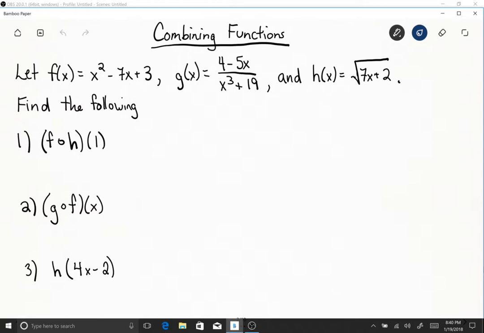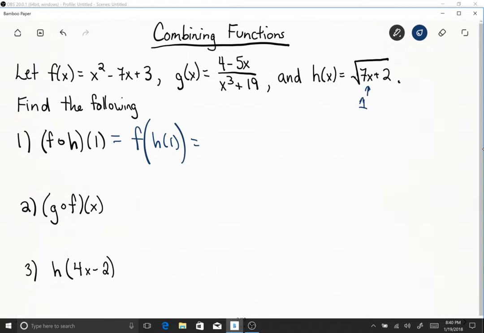Okay. So moving forward on this one, if we have f composed with h of 1, how does this look? There's a few different ways to approach this. The way I do it is I try to make it a little bit simpler by getting rid of that little open circle. Some people think that's multiplication. That's composition, though. So you can write this as f of h of 1. And what does that mean? Well, it means we take this x and put the 1 right there.